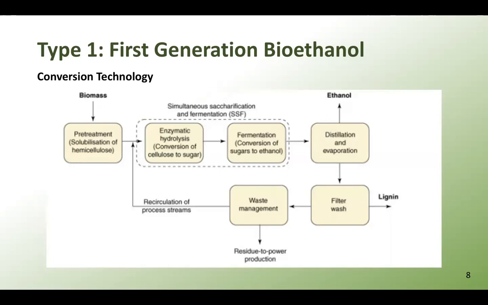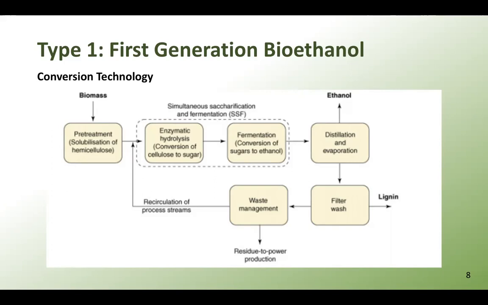As we can see in this figure, the biomass, such as sugar canes, for example, is first pre-treated where the hemicellulose is solubilized. Then once the starch becomes soluble, the cellulose is converted to sugar through enzymatic hydrolysis, which is then converted to ethanol through fermentation.